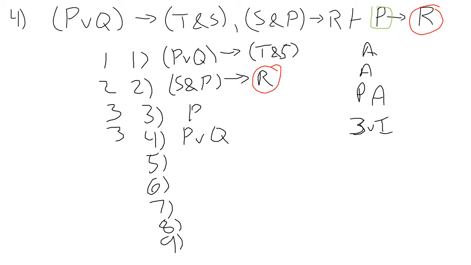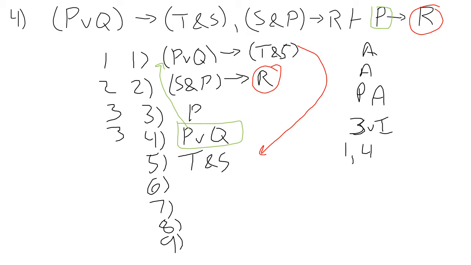And then I have my antecedent that I can toss into here, and then I can write my consequent down here in 5. So T and S. So 1 is my conditional statement, 4 is my antecedent. I'm doing arrow out. 1's associated with 1, 3 is associated with line 4.